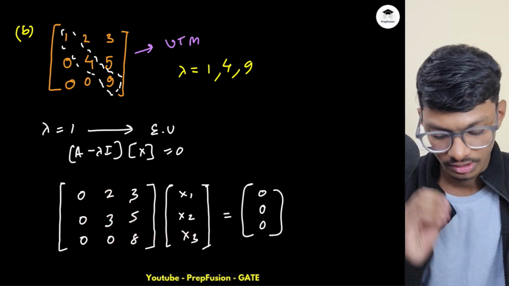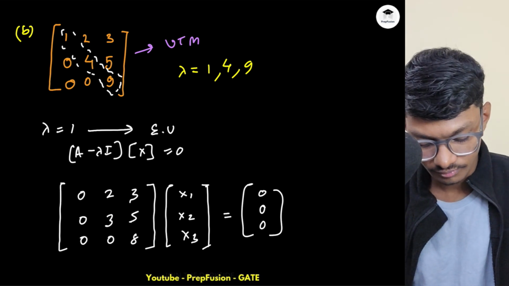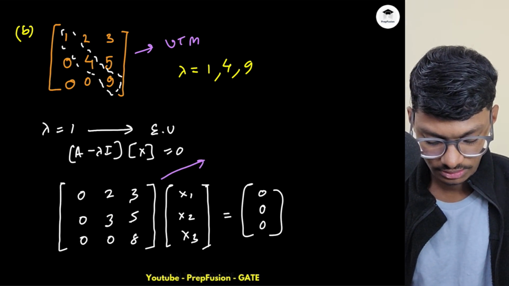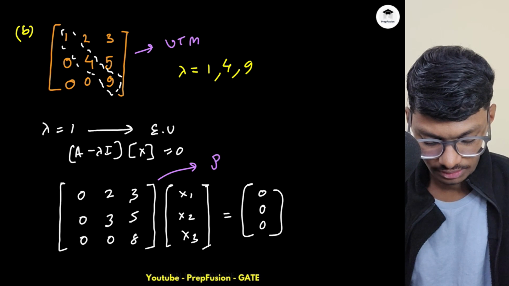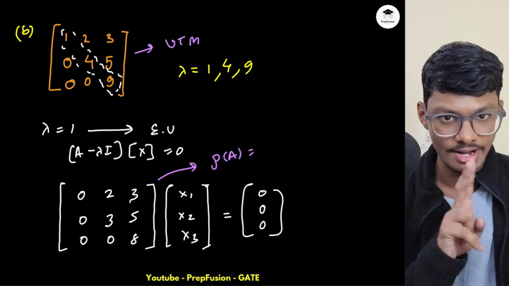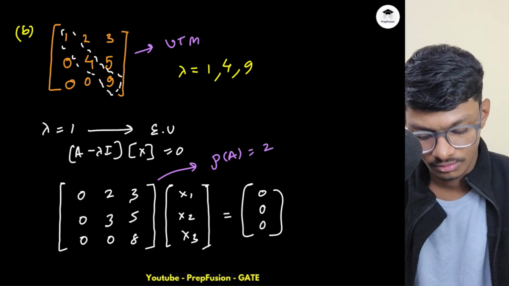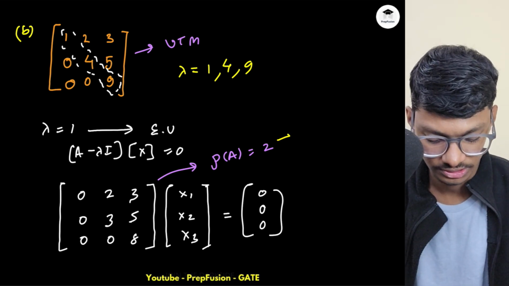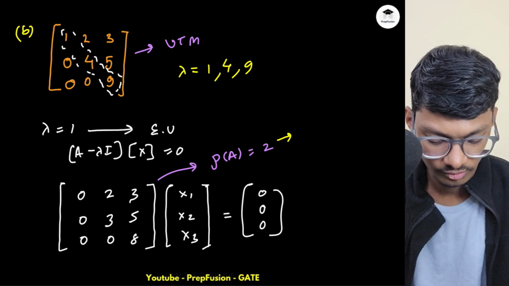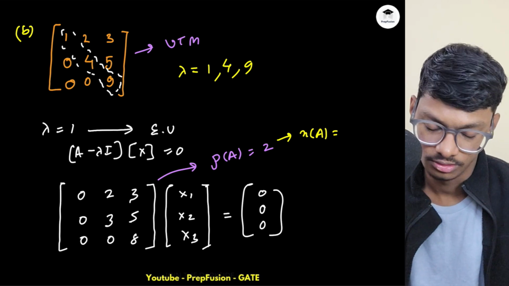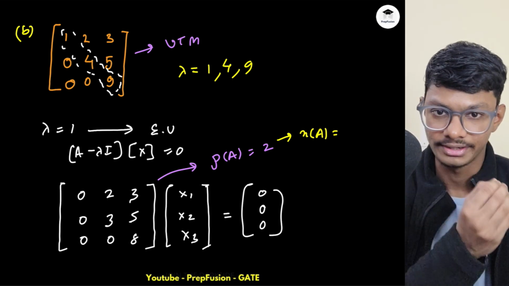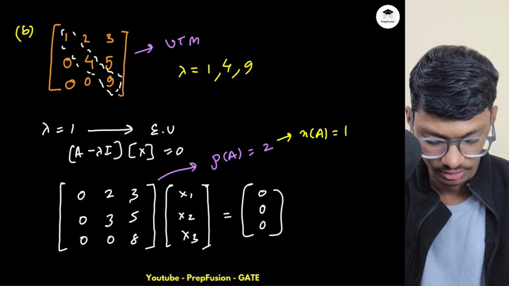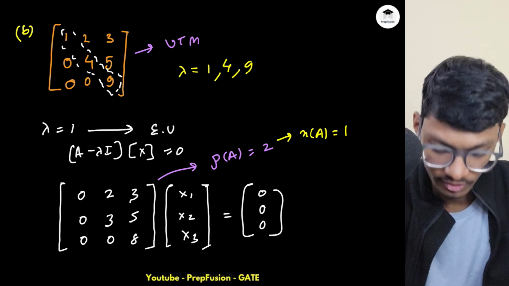Whatever you choose, you will find that the rank is 2, because I have 2 linearly independent columns. Now nullity will be order minus rank, 3 minus 2 is 1. So nullity is 1, hence there will be one free variable.